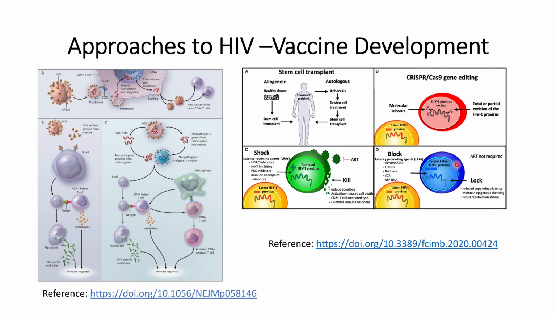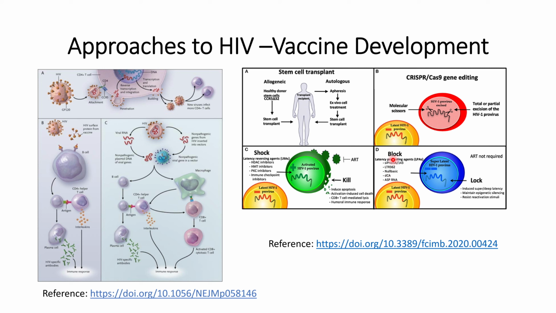And the other one is the block strategy. In this, ART, that is antiretroviral therapy, is not used. In this case, some latency promoting agent is used that will silence the gene that is responsible for producing the HIV virus, or that has been integrated into the host cells.